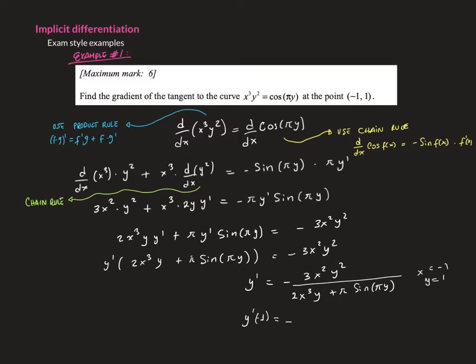That would be equal to minus 3 times (-1)^2 times 1^2 over 2 times (-1)^3 times 1 plus π sine of π times 1, and π times 1 is π, sine of π is 0, so we know this is going to be 0. The top is going to be 3 and the bottom is going to be -2. So the final answer is the gradient is -3/2.